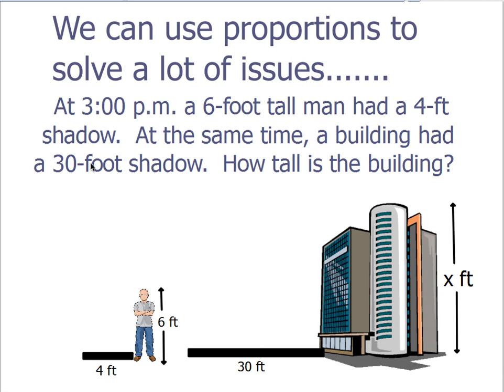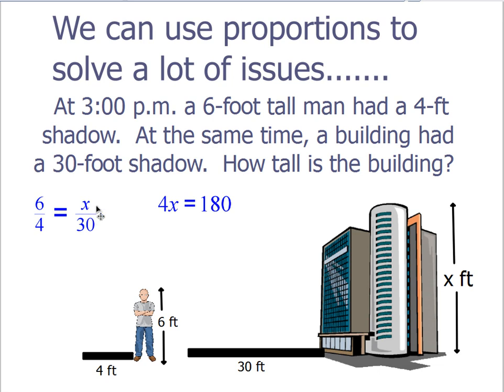We can set that up as a proportion. I can set this up a number of different ways, but I'm going to choose to do height over shadow length. For the man, that's 6 over 4, right? Height over shadow length. And for the building, that's X over 30. And just a reminder that to solve proportions, we use cross products.